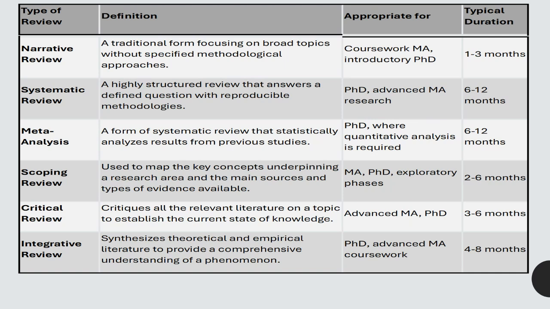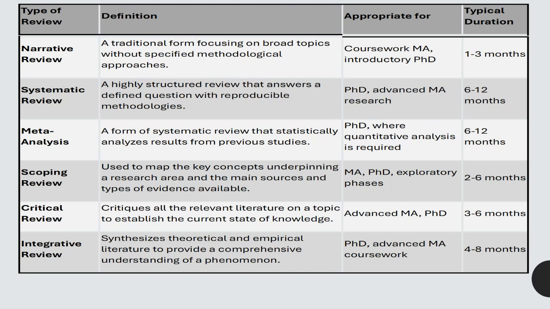Very helpful to identify gaps in phenomena, or where you want to plot the current discourses going on and the critiques. I wouldn't use it for master's, unless it's an advanced master's, but definitely for a PhD. It takes a bit shorter than the systematic reviews.